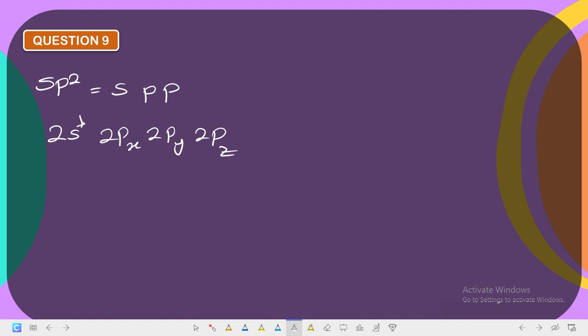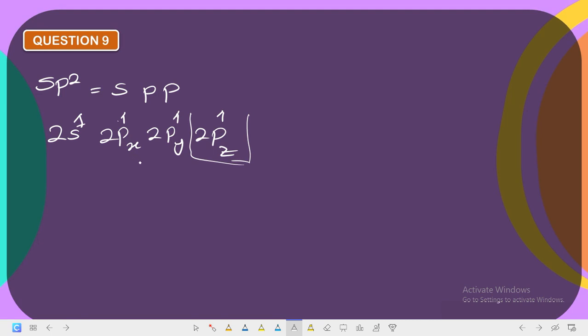Now this one is having one electron, normally before, one electron, and here is what? One electron. Now in sp2, 3 of the orbitals hybridized, leaving one of the p orbitals unhybridized. Are you hearing it?